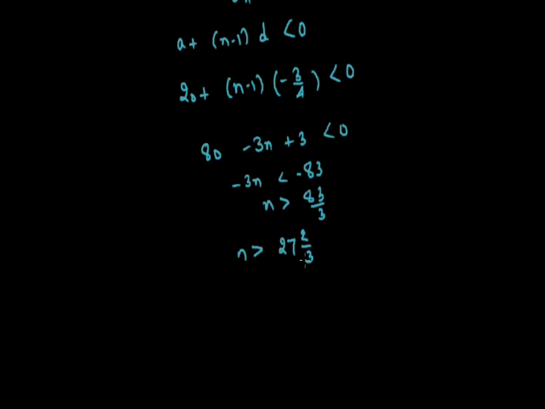So the next term greater than 27 2/3 is 28. Therefore the 28th term is the first negative term.